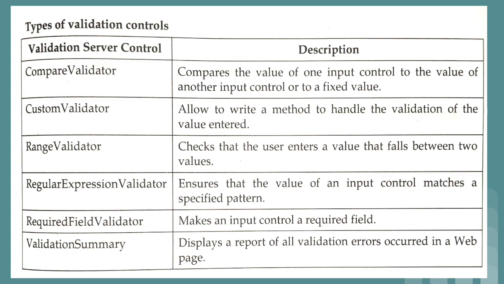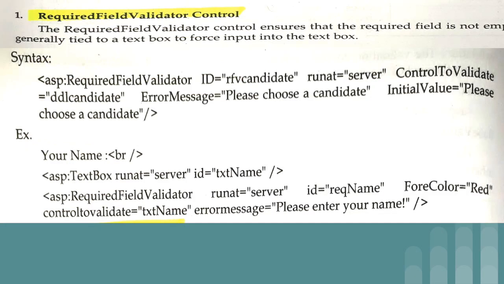So let's start. The first validation control is required field validator. Just see the syntax. First attributes for the required field validator are id and runat. These are the two common attributes. Then the next attribute which we are having is control to validate. Basically control to validate is a common property for all the validation controls.